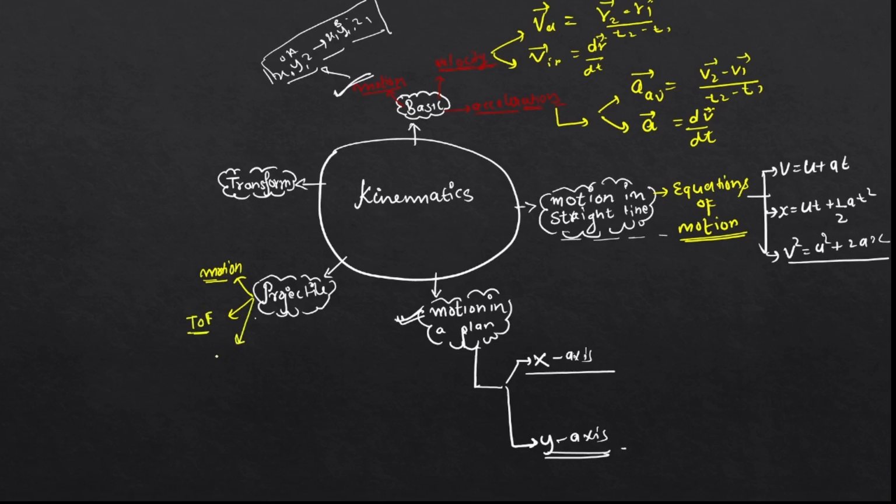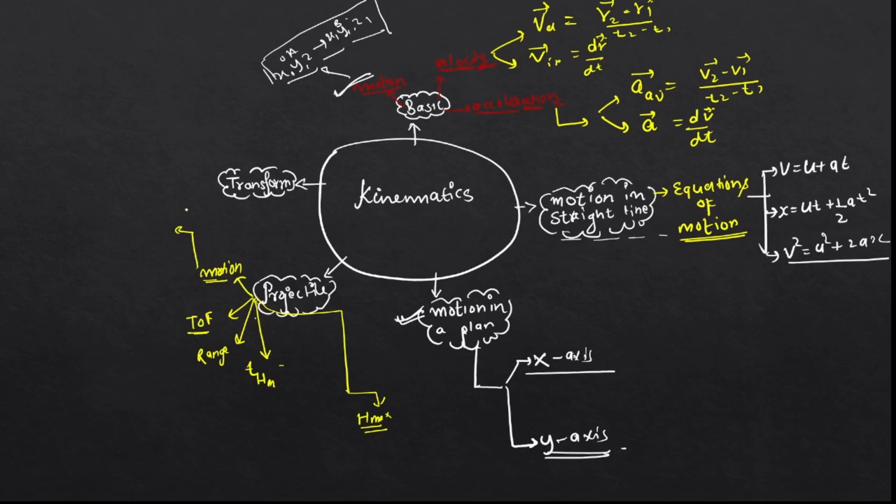Third thing was range, and fourth thing was the time that it has taken to reach the maximum height, right? And lastly we found the maximum height. Just write the formula of this thing here. Why am I making this? Just because it will help you in the revision.